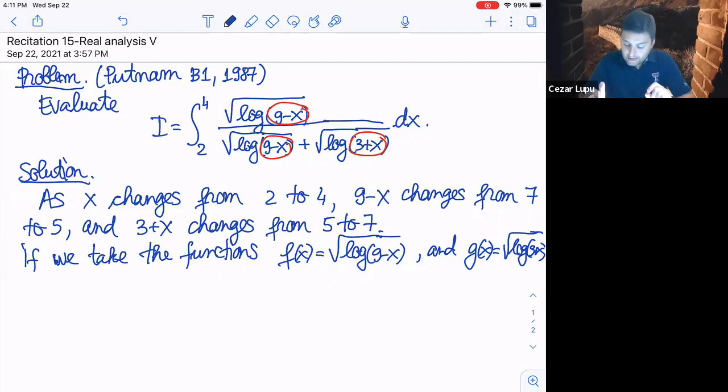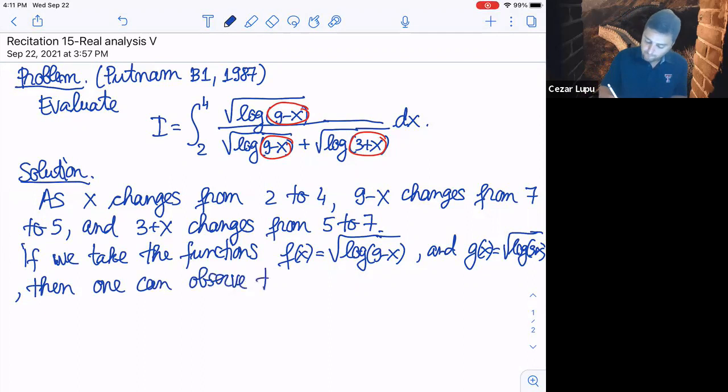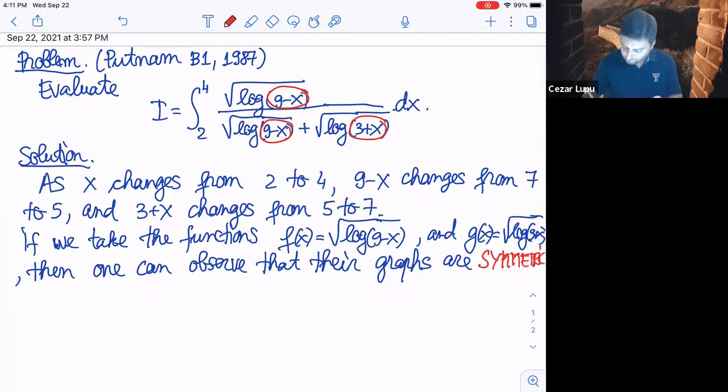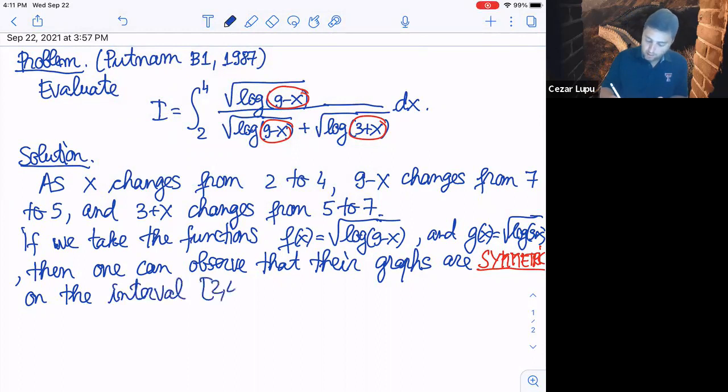I don't want to get into that. One can observe that the graphs of these two functions are symmetric, and that's an important word here, on the interval from 2 to 4, closed at both 2 and 4.